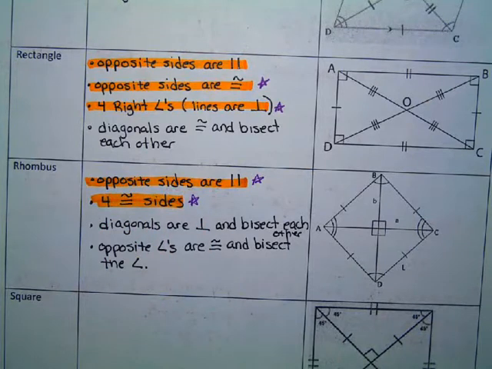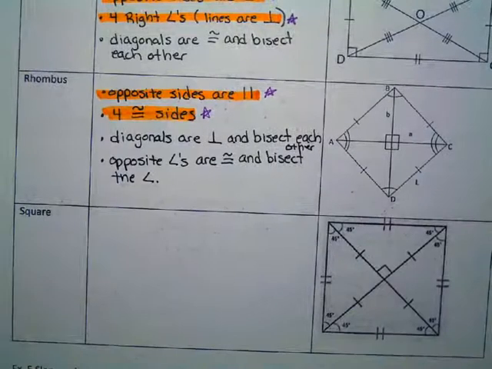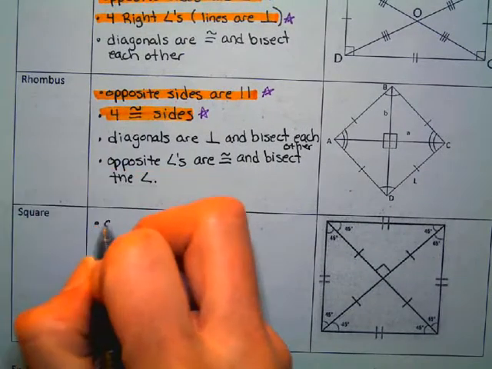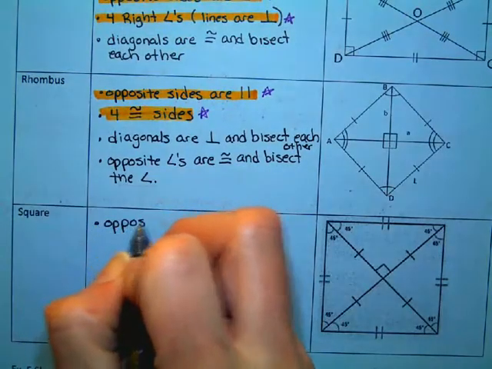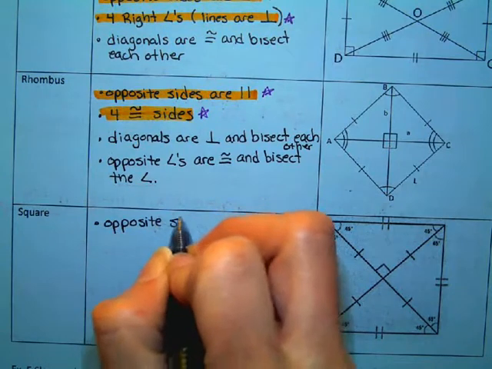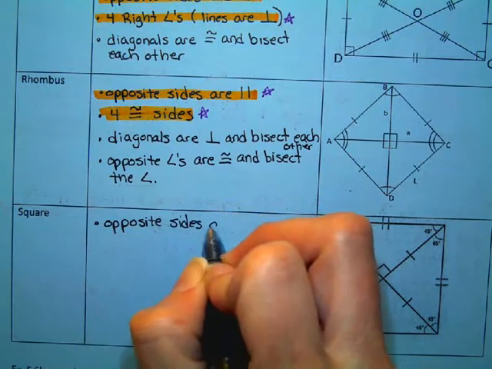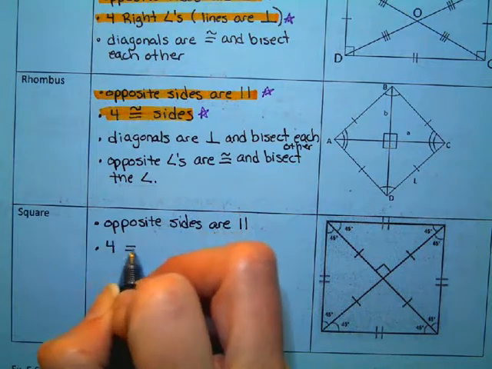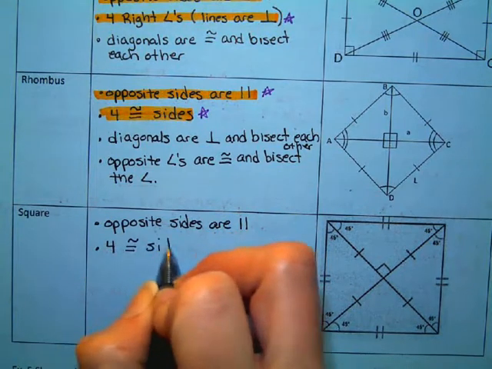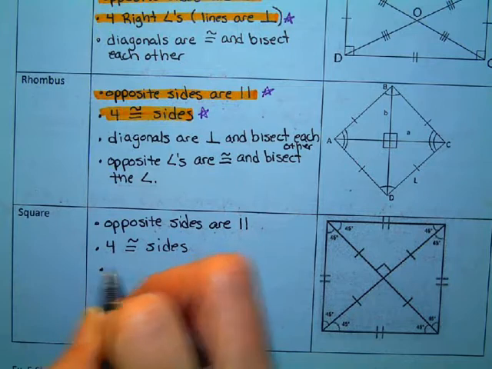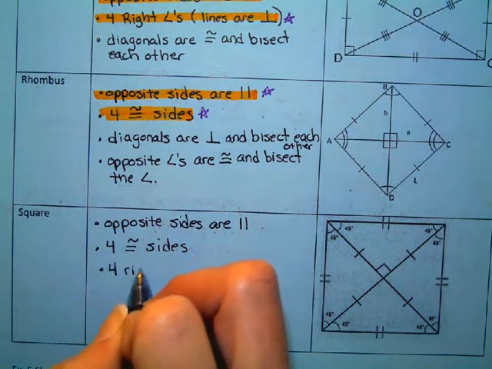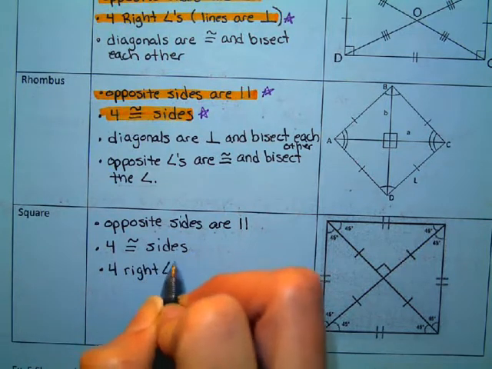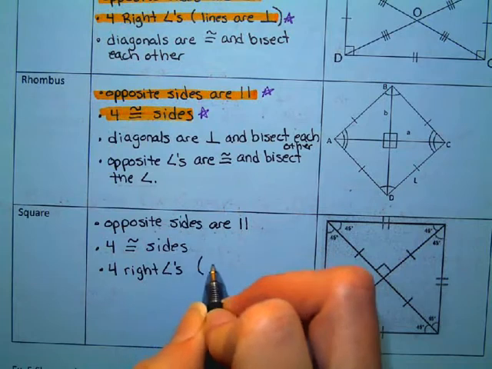The last one we have is a square. We need opposite sides parallel. We need 4 congruent sides, and we need 4 right angles. And remember, 4 right angles means we have perpendicular lines.